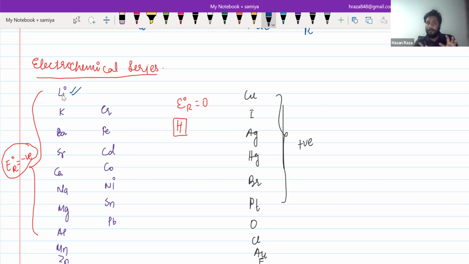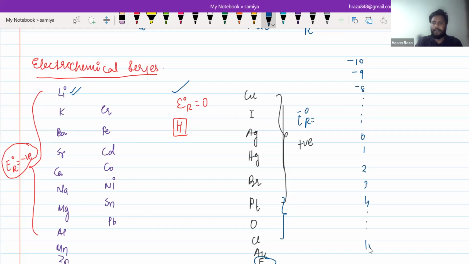The most negative value is of lithium, slowly decreasing, then comes to 0, and then positive and increasing. And the most positive value of E naught R belongs to fluorine. Is this clear to everyone? You can see I am just writing like this: -10, -9, -8, then 0, then 1, 2, 3, 4, 5, then 10. Everyone getting it?